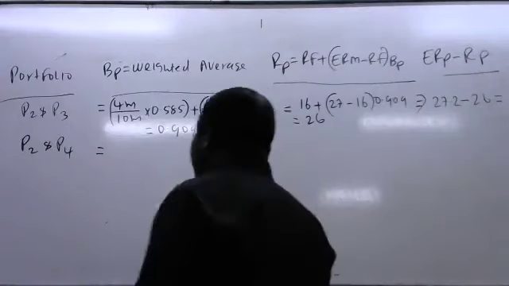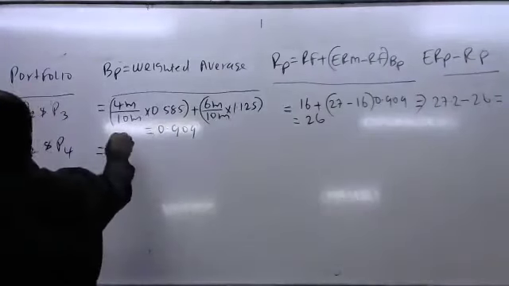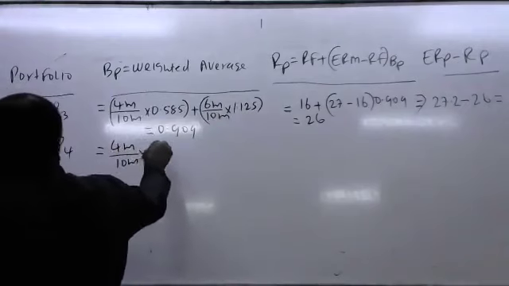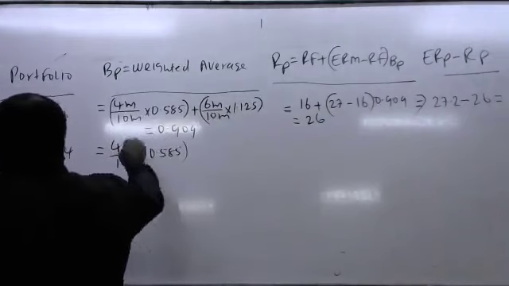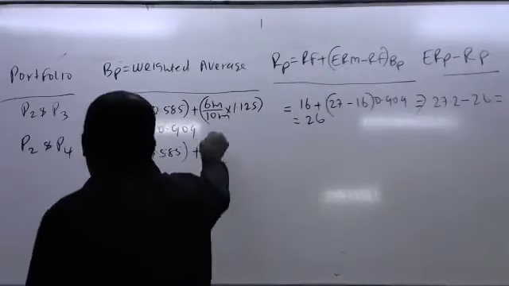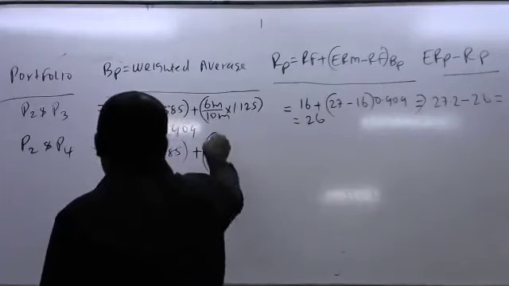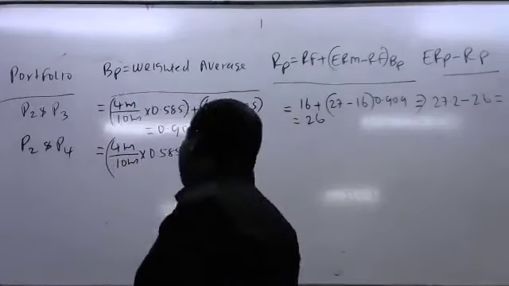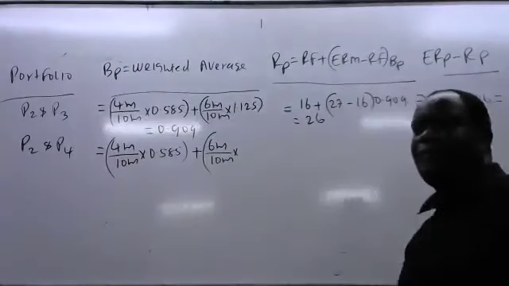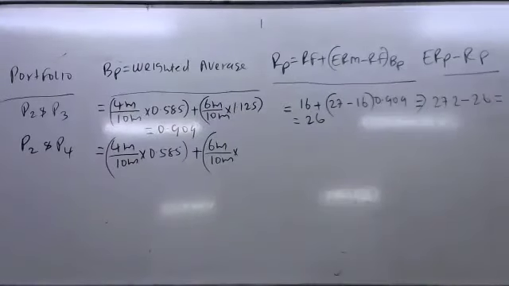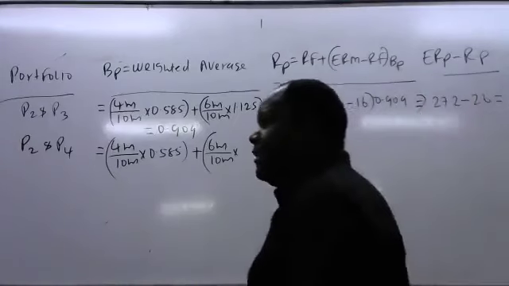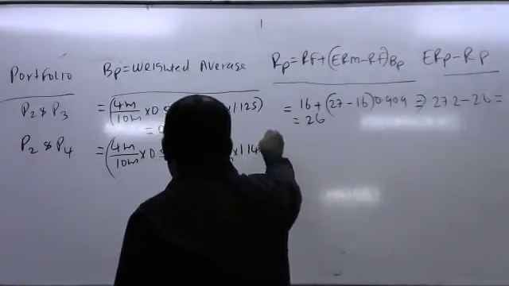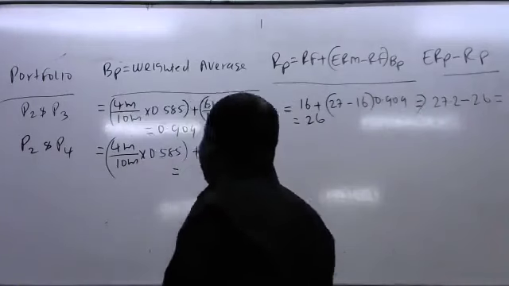So beta for the portfolio, it is 4 million divided by 10 million multiplied by 0.585. So for project 4, it is also 6 million divided by 10 million. So what was the beta factor for project 4? 1.1. So also get that back.